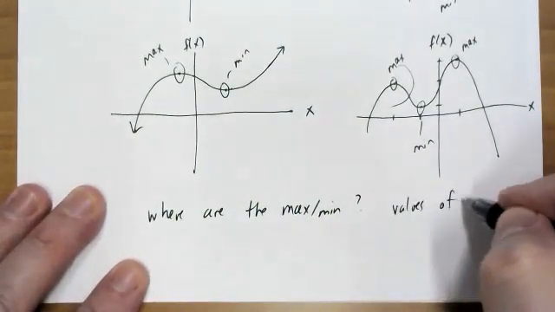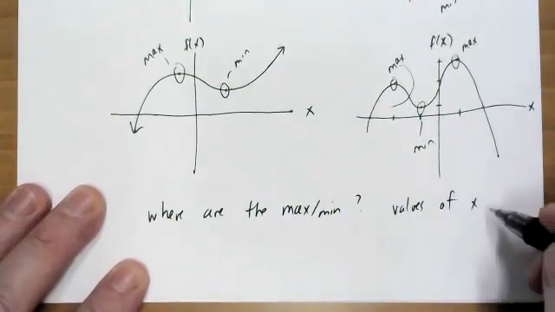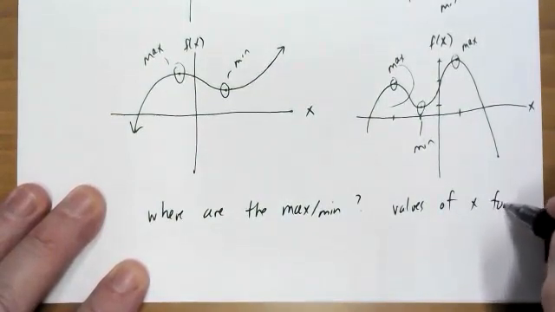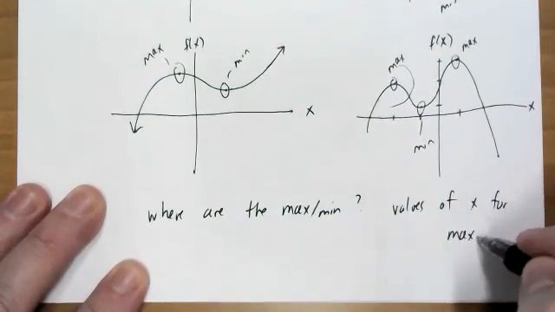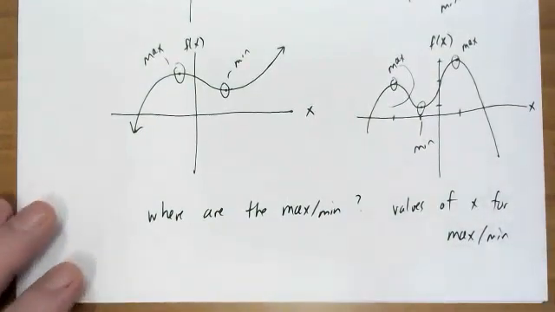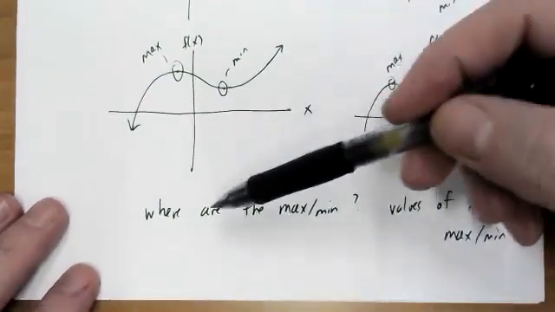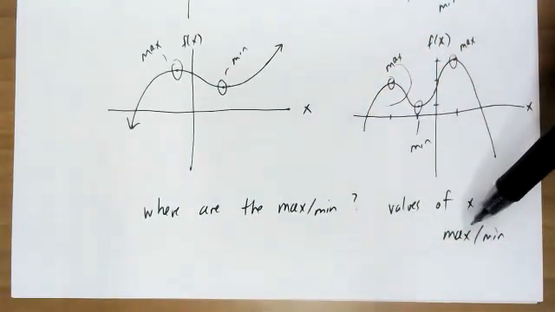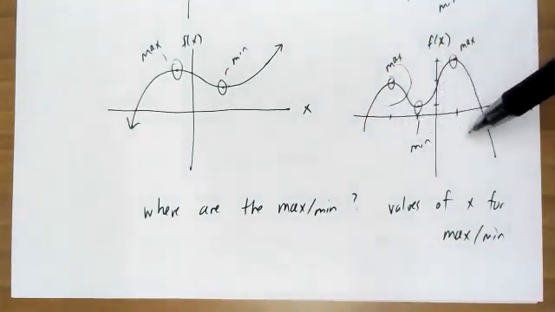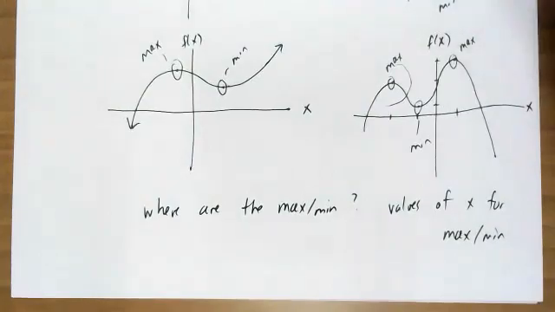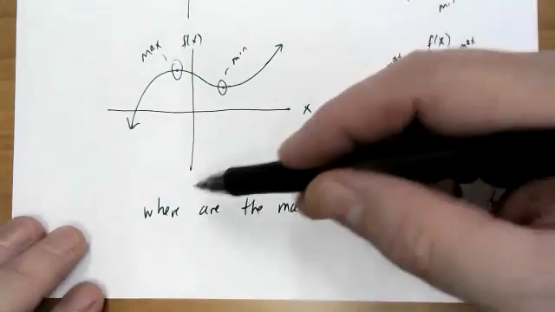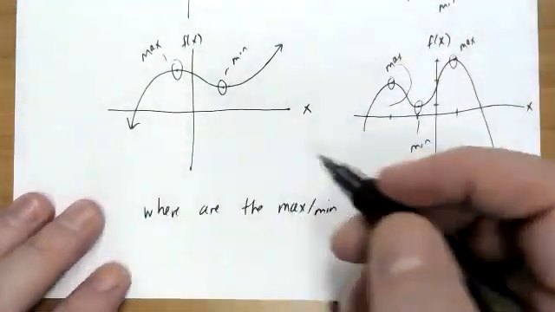What they're really looking for are the values of x for the maximums and the minimums. And sometimes that's all they will ask you. So they're just asking you to find the values of x where you have a max and a min.